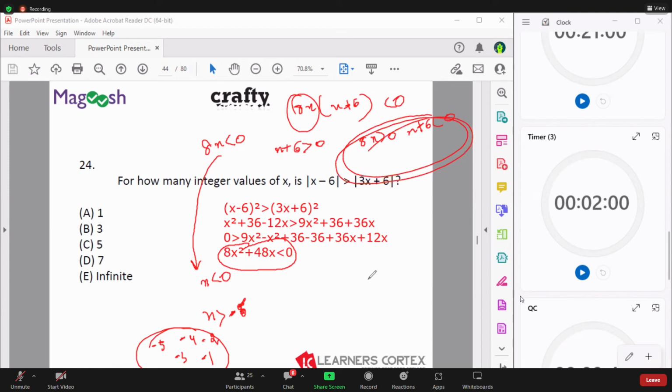Now here, if 8x is greater than 0, then x is greater than 0 and x is less than minus 6. Now the thing is, if x is greater than 0, x cannot be negative here.